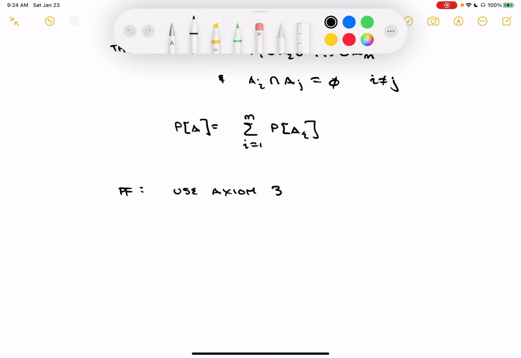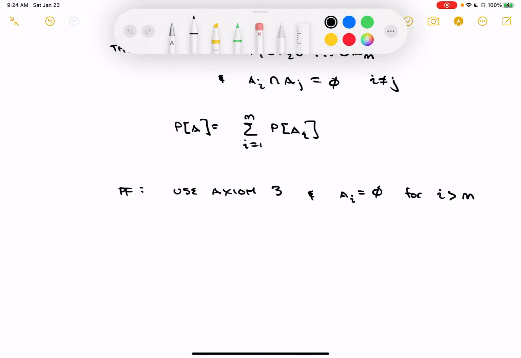And we would let AI be equal to the empty set for I greater than M.